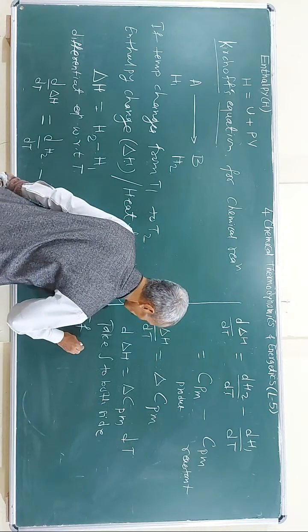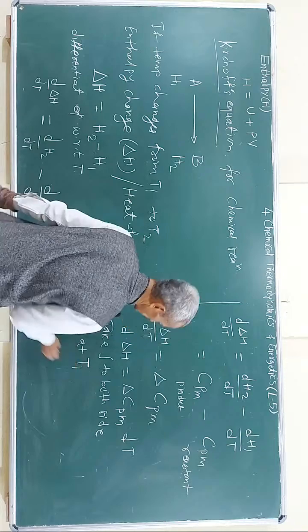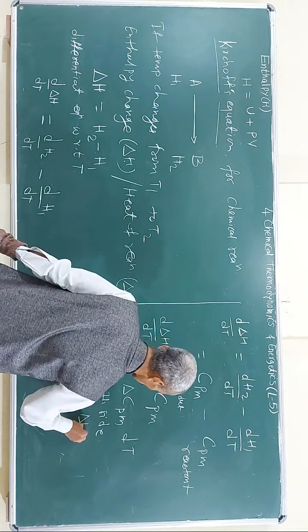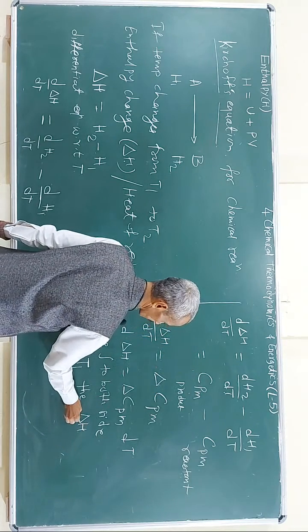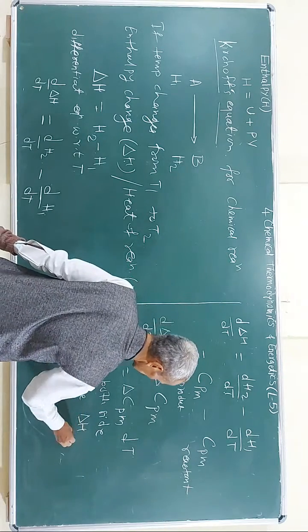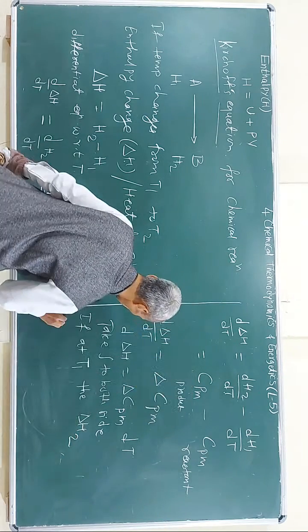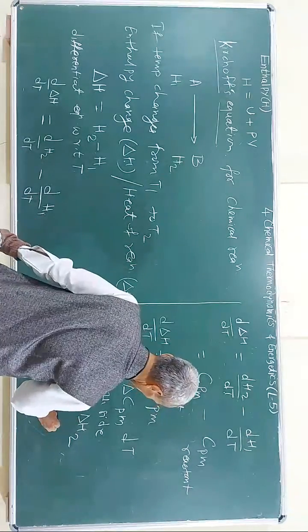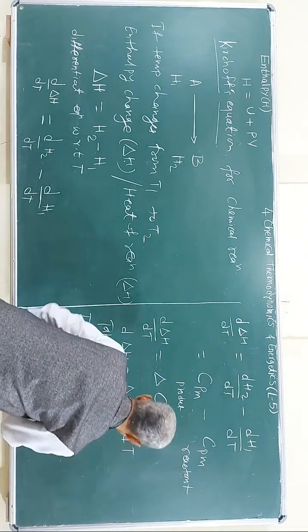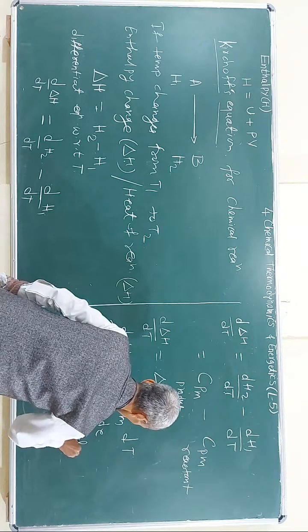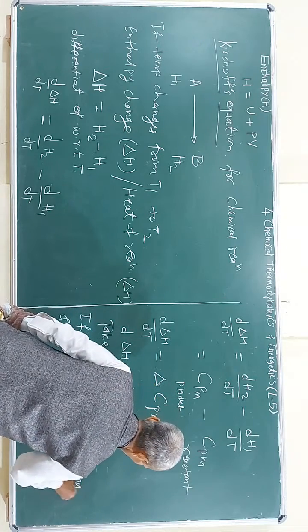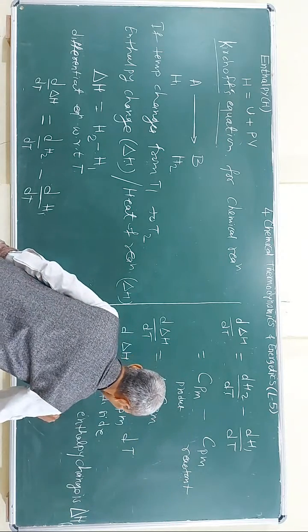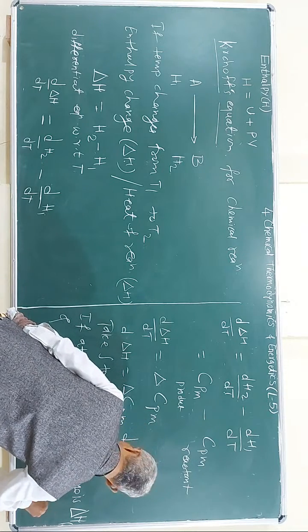So at temperature T1, the heat of reaction, the enthalpy change of the reaction, is delta H1, and at T2, the heat of reaction is delta H2.